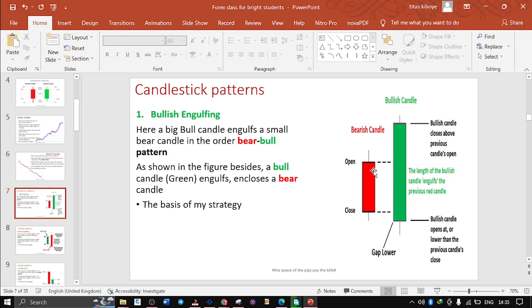That one I will show you in the future. So just cram that when a bullish candle engulfs a bearish candle, that's called a bullish engulfing.